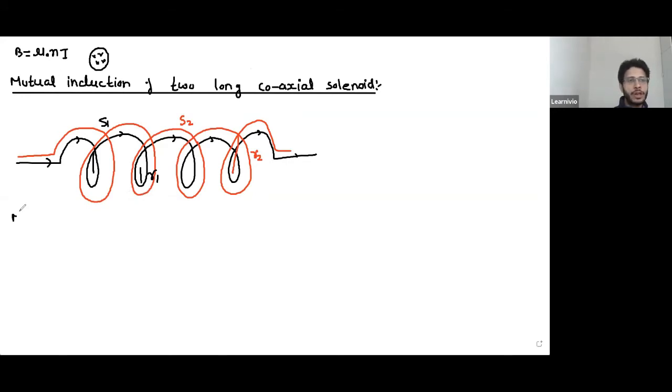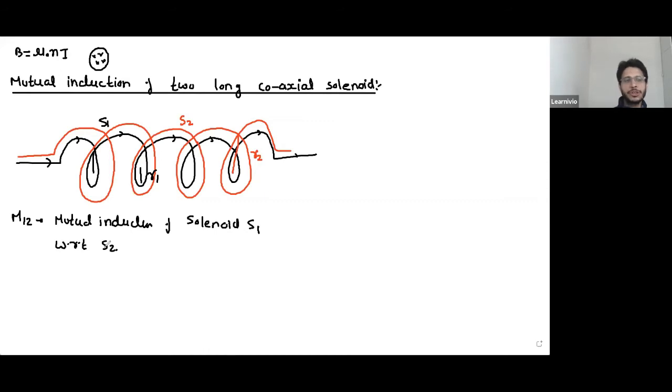So first of all, I'm calculating M12. When I'm calculating M12, that means it's mutual induction of solenoid S1 with respect to S2.